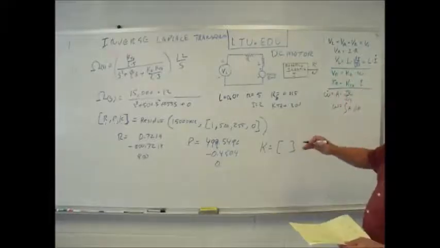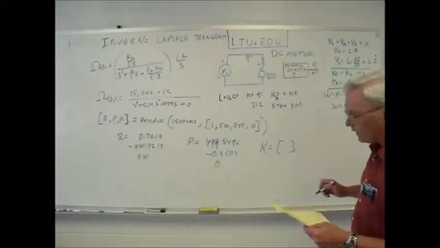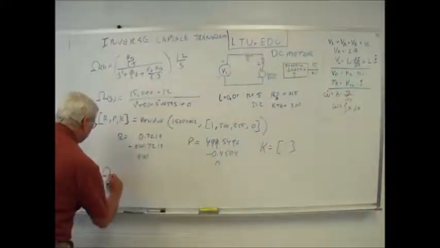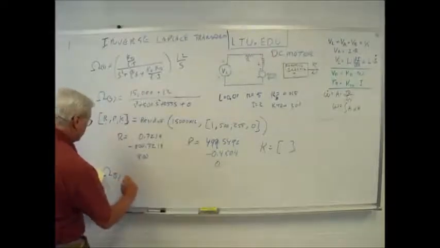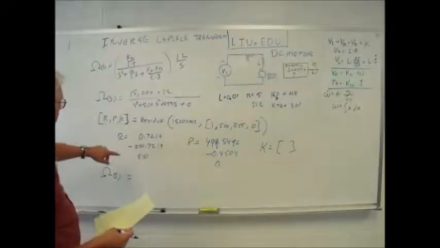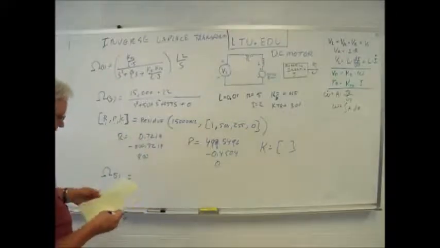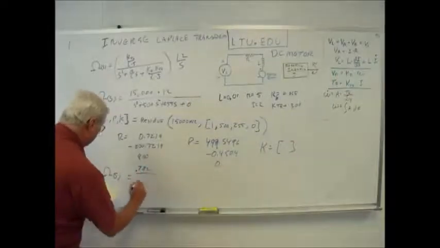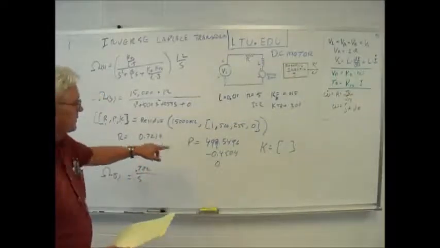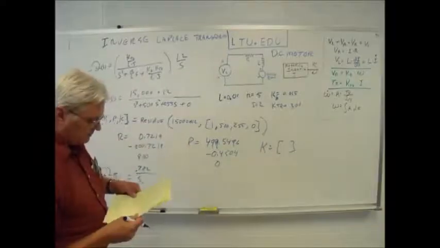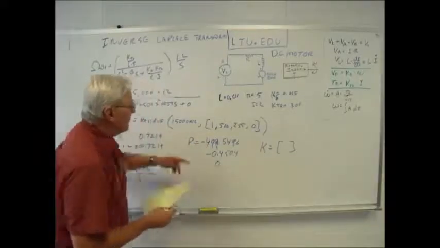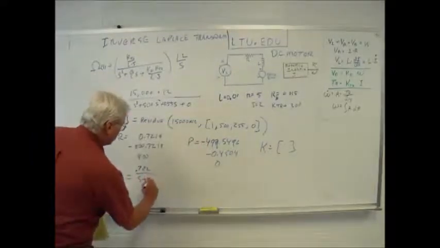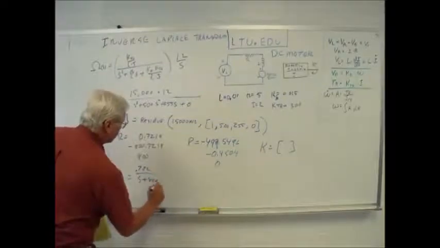So to take those numbers and put them into a useful form, I would say that my omega of s equals my first term. I have a residue in my partial fraction expansion, 0.722 over a pole. Now, my pole is minus 499, so my denominator is going to be s plus 499 point whatever.